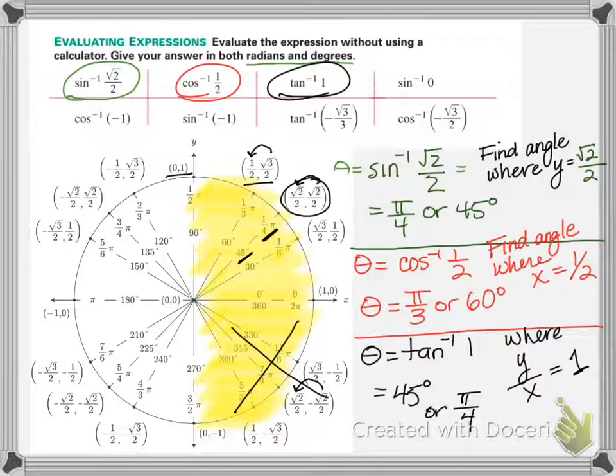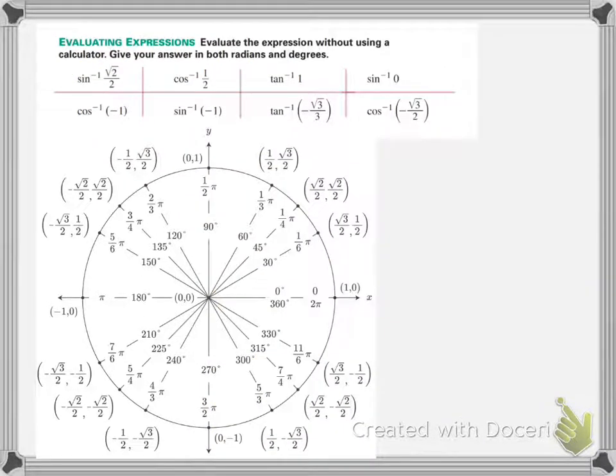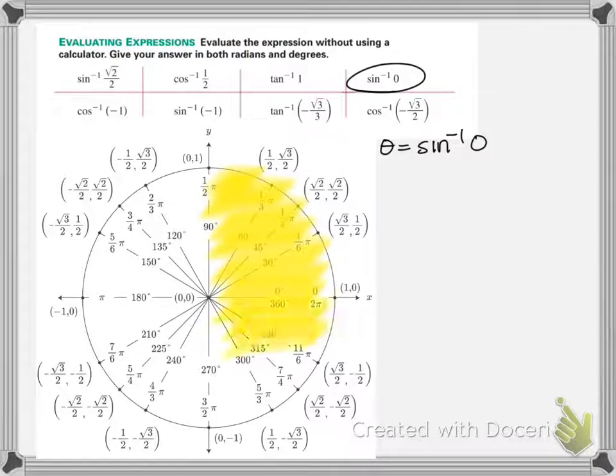Alrighty, let's go do another 3. We did the first 3 already. We're now on this one, sine inverse of 0. So theta is what we're looking for, the angle measure, sine inverse of 0. Sine inverse, where is it located? Sine is located here and here. So where is sine inverse 0?